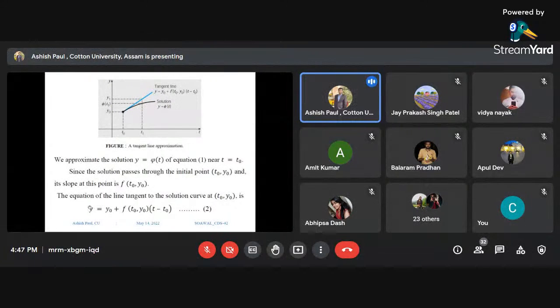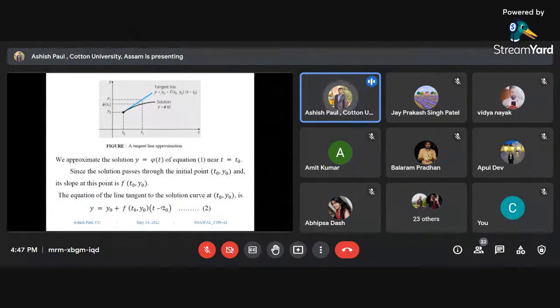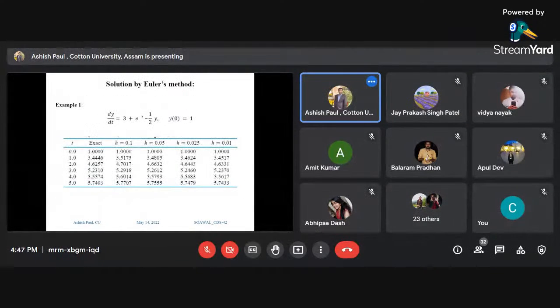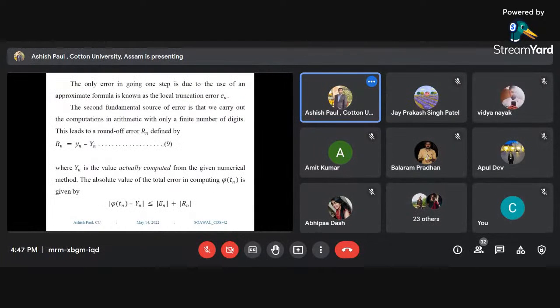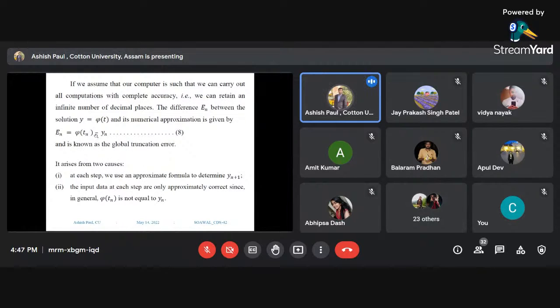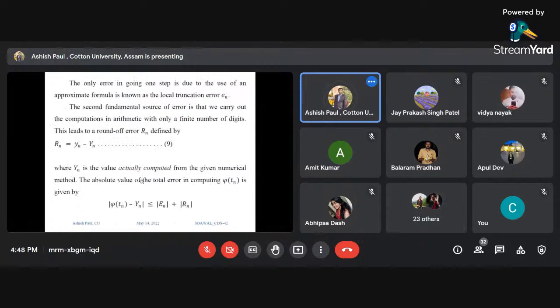One is that at each step we are accumulating error, and in each step, since the previous data also contains some error, the next result will also enhance its error. Okay, so this is the global truncation error, and I have already described the reason.